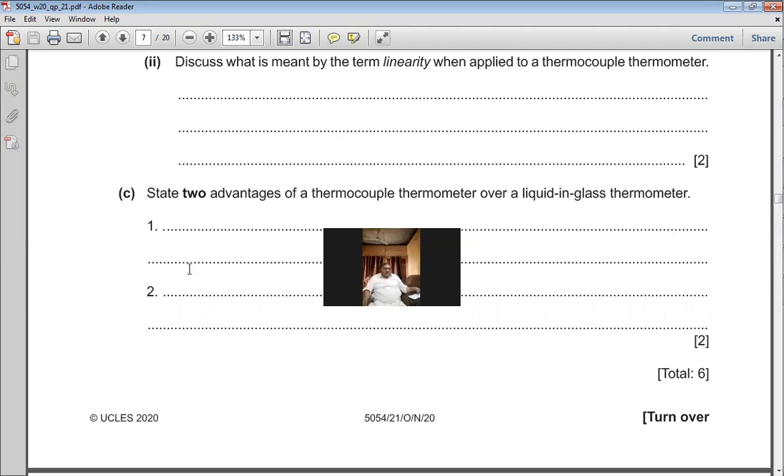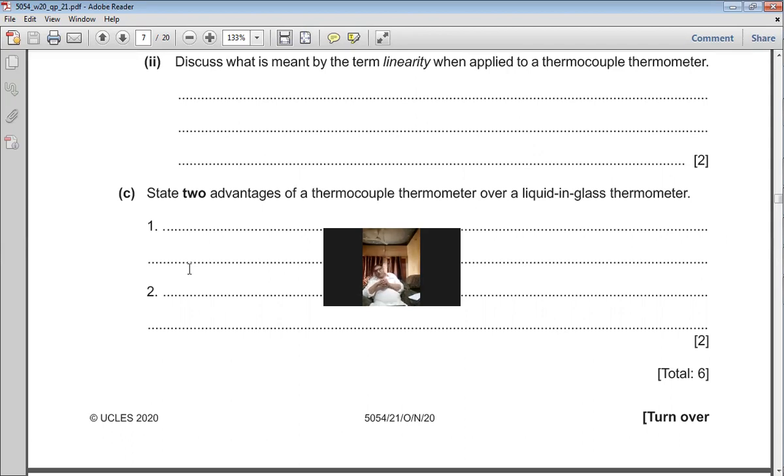That's the remote reading. Another very important advantage of the thermocouple thermometer is that its range is very vast. It can measure very low temperatures and very high temperatures. It can also measure very rapidly changing temperatures.